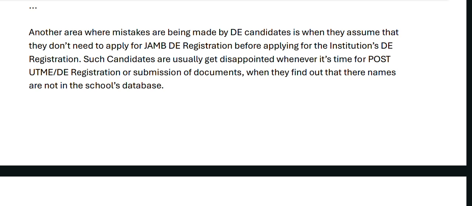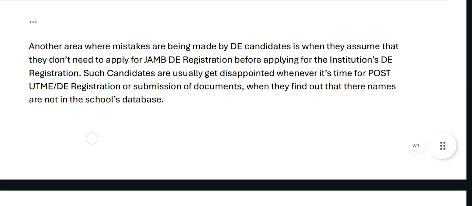Make sure you complete the registration. Then when UI announces post-UTME or DE registration, you register. Those candidates that overlook JAMB registration get disappointed whenever it is time for UI post-UTME and DE registration.